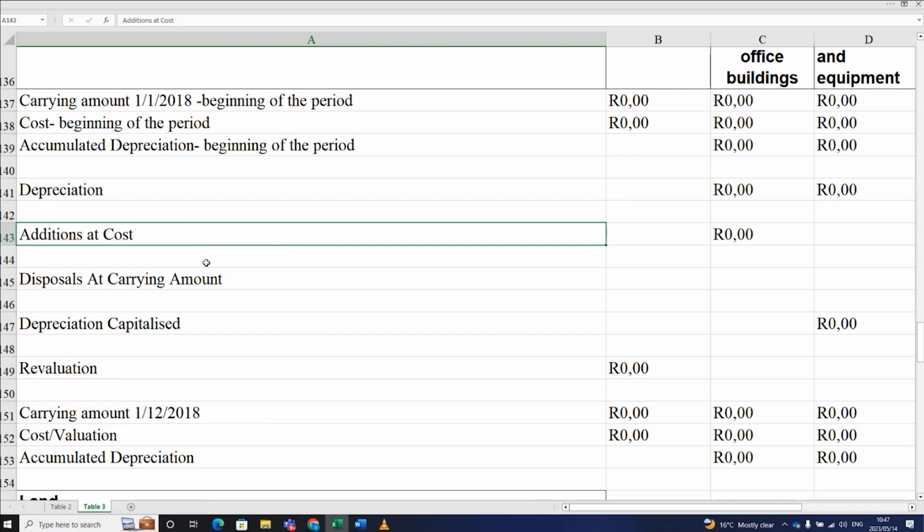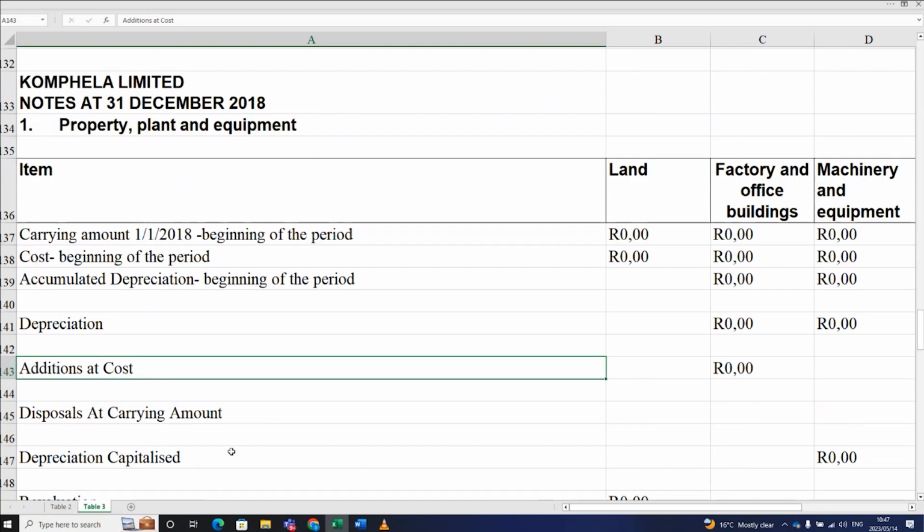Then there's the depreciation capitalized, which we'll get into as we do the question, and the revaluation of the land. In the end, you've got your carrying amount, which consists of the cost or the valuation date value, less accumulated depreciation, which includes depreciation of the current year.